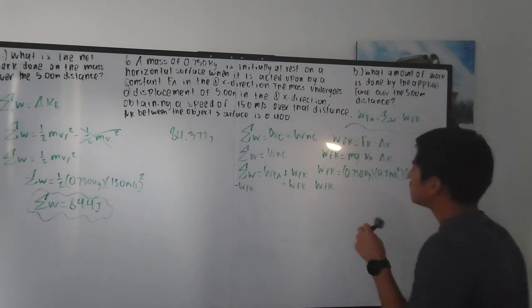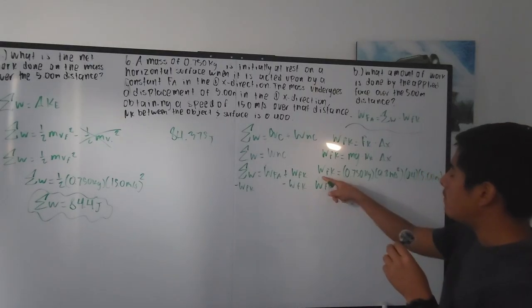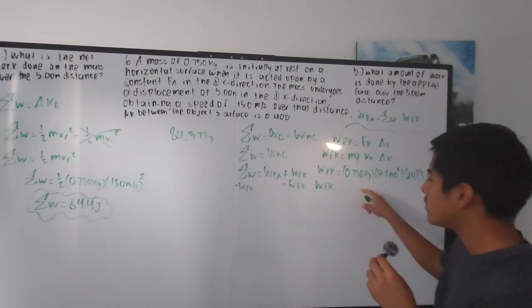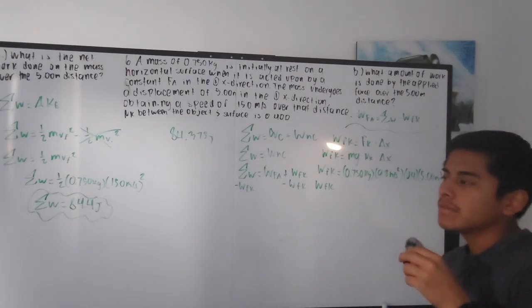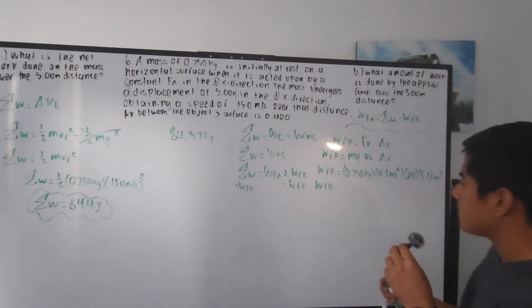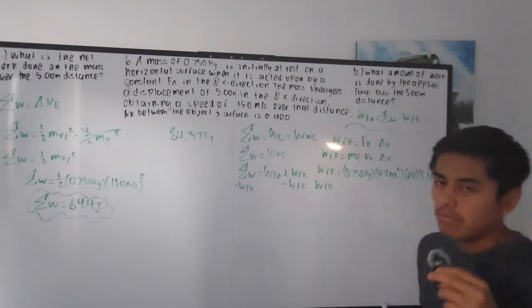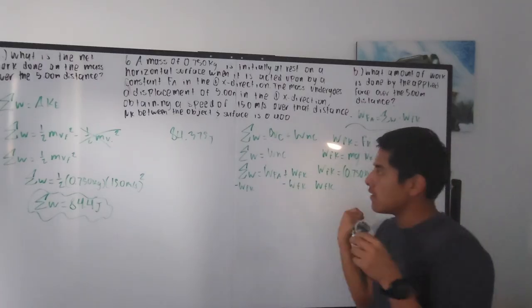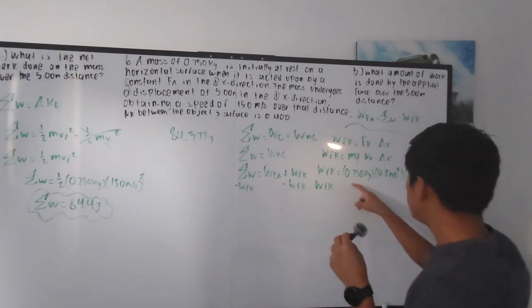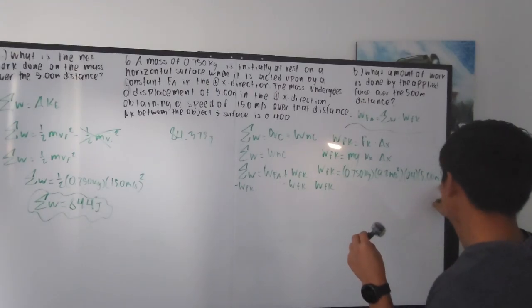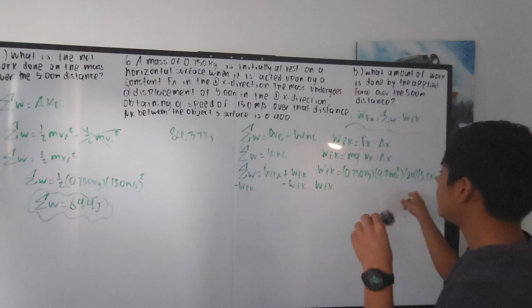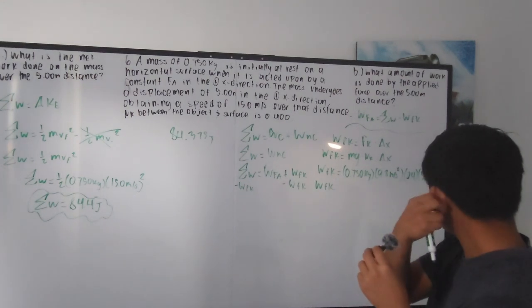multiplied by the displacement, which is 5 meters. I also forgot to mention that the work that friction does is going to be negative, because friction opposes the motion, so it's trying to slow down this object. So really, I should have put the cosine of 180, and it would have made this whole thing negative, but I'll just throw in the negative at the end.